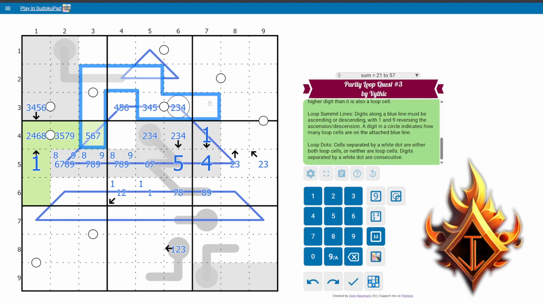But I don't think that's going to work because of this diagonal. And we can't go back up here and get enough to fill this column and this diagonal, make them different numbers.